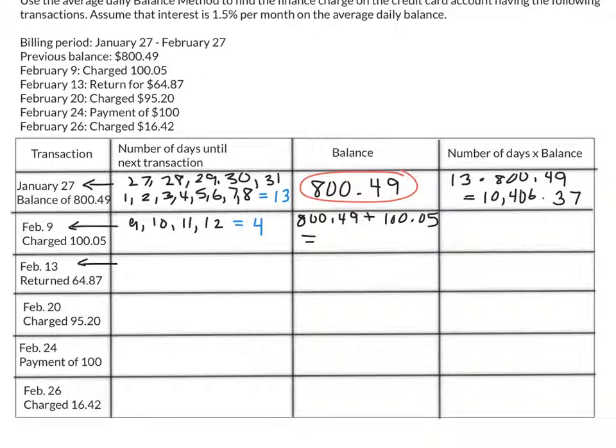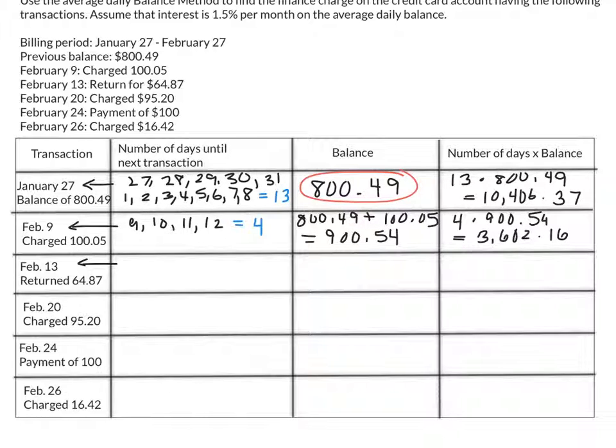When we add those two values together, we get $900.54. Next, we'll multiply the number of days, which is 4, by the balance we just found. And when we multiply those two values together, we get $3,602.16.